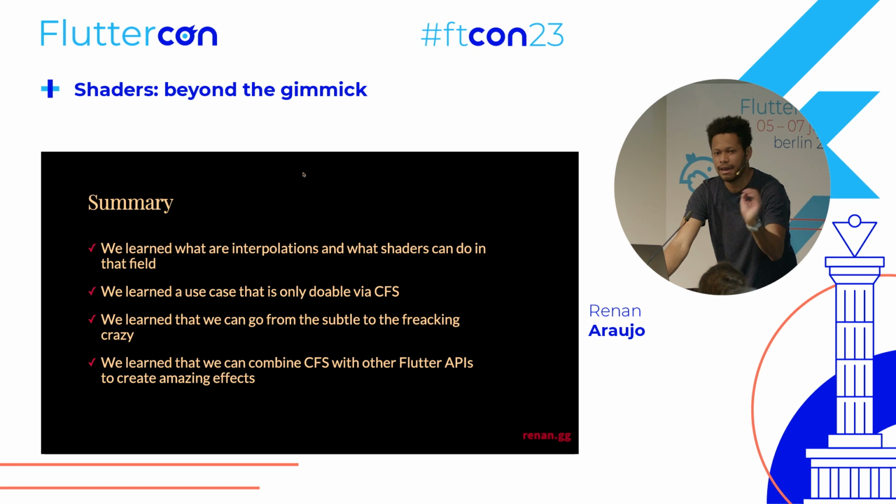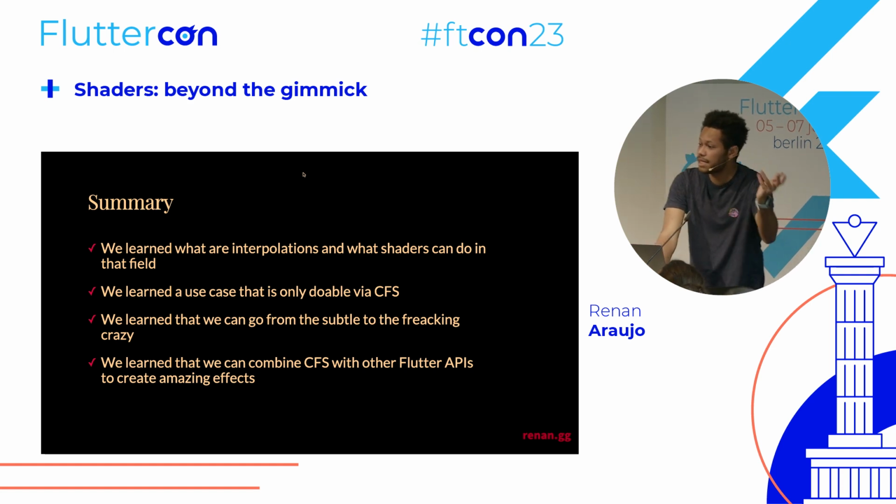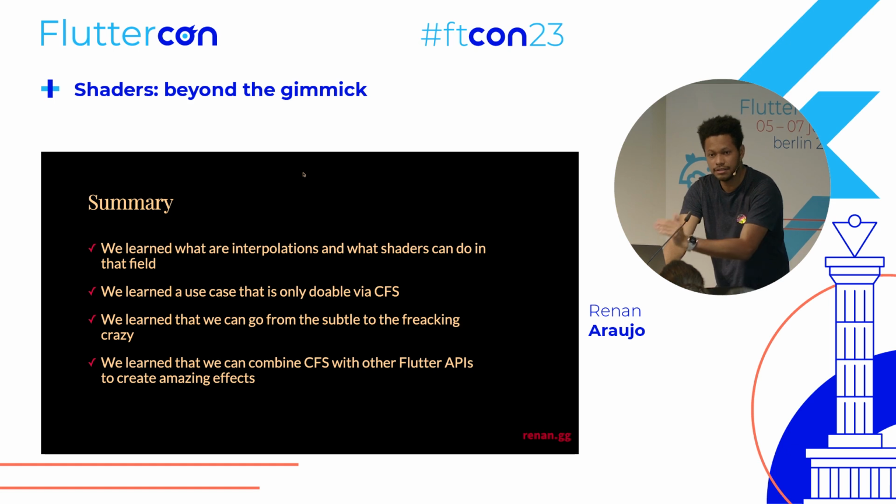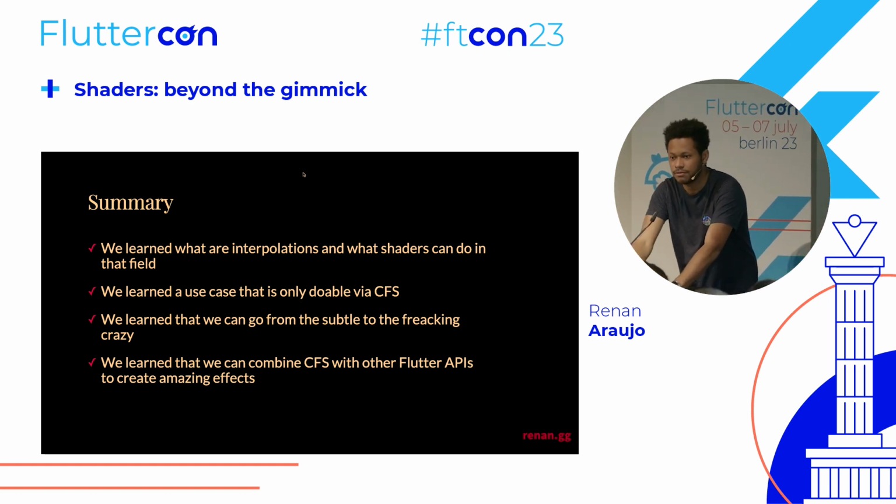By the way, every gradient on Flutter is a fragment shader, but it's just a fragment shader we cannot write. And then we learned that we can create something subtle and useful, like the easing gradient, that some designers will really love. We have a Figma plugin for easing gradients, but it's the same problem. It's a JPEG in the end.